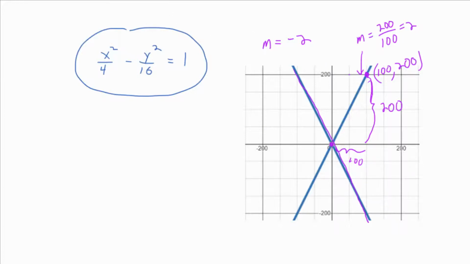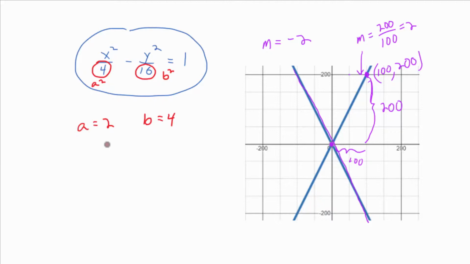And look, I want you to look at something here. If you think about the standard form of the hyperbola that I showed you a little bit ago, this is what we would call b squared, and this is what we would call a squared. The square root of 16, which is b, is 4, and the square root of 4, the square root of a squared, is a, and that's just 2.